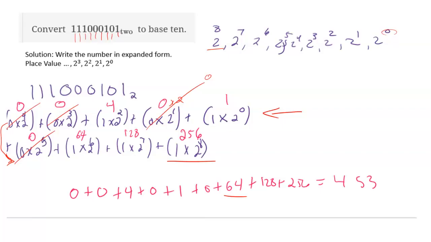Remember that in base 2, you can only use 0 and 1, because you're not allowed to use the same number as the base. So anytime you have a 0, it's not going to contribute, it'll cancel. And if you have a 1, then that's just the power. So numbers in binary are really representing a sum of powers of 2.